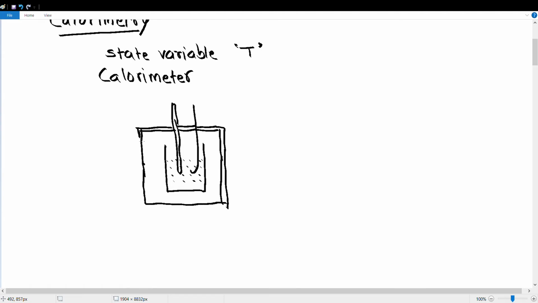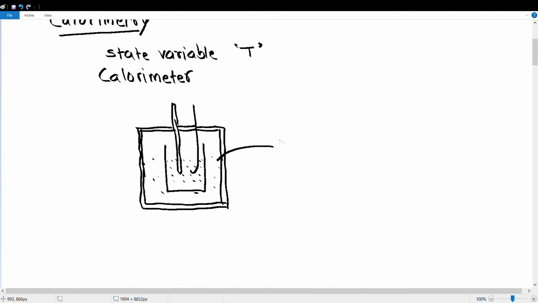It is generally a wooden box. This is the wooden box which does not allow the exchange of heat from the system to the surrounding or from the surrounding to the system. The gap between them is filled with insulating material.